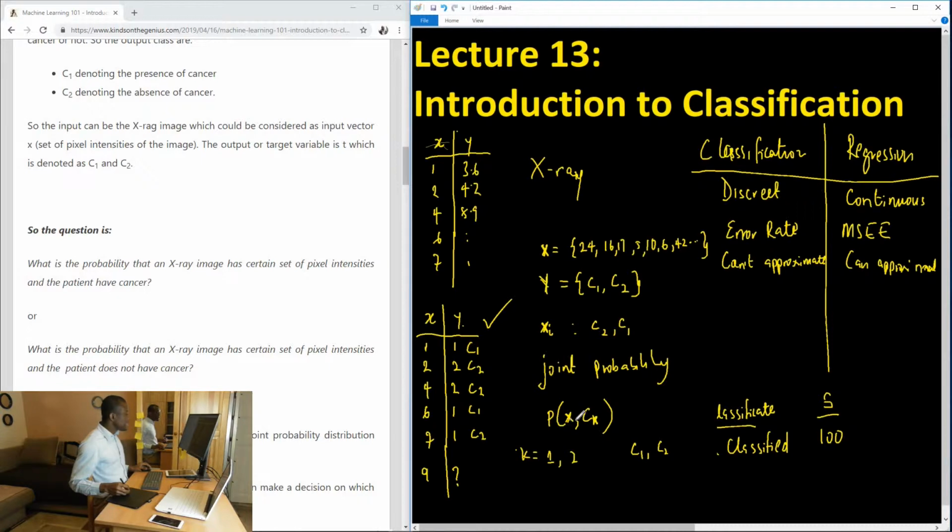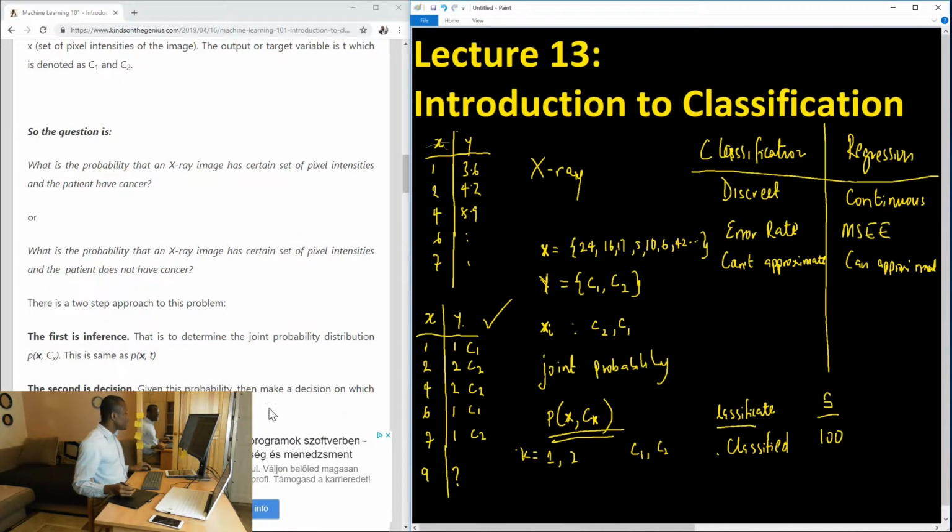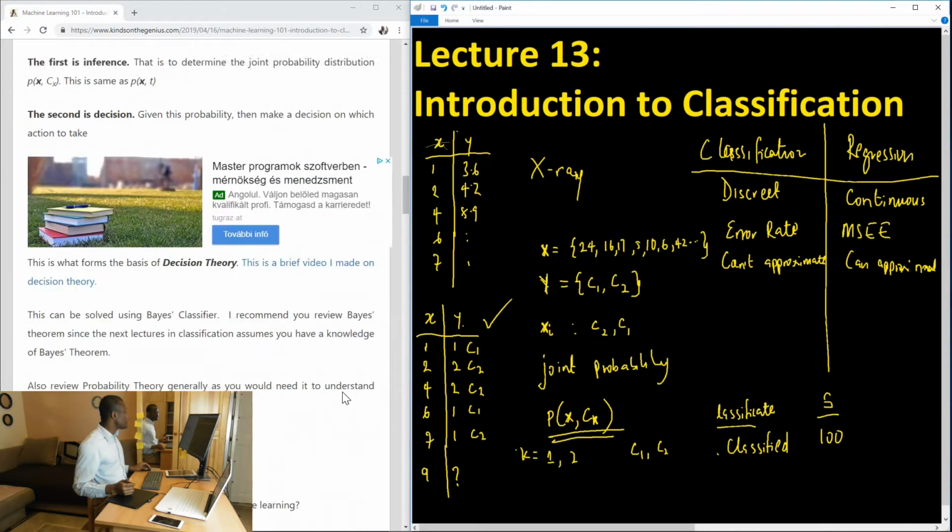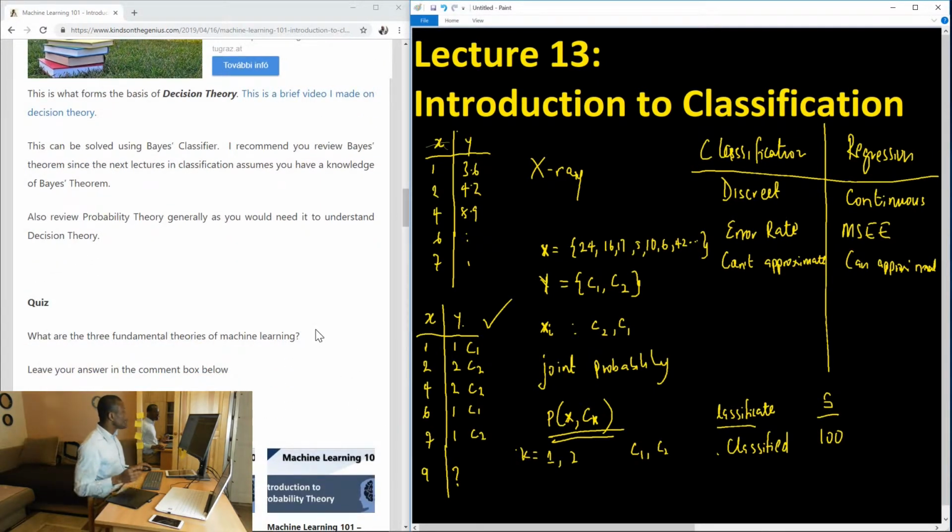Given X, what is the probability that we have an X-ray image and the person has cancer? That is what we want to determine. And the second aspect is inference. Given this probability, make a decision on which action to take. This is what forms the basis of decision theory, and I made a video on decision theory. You can see the link there, so I recommend you watch this video and get a clear understanding.